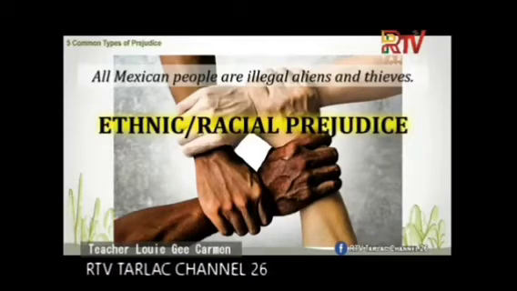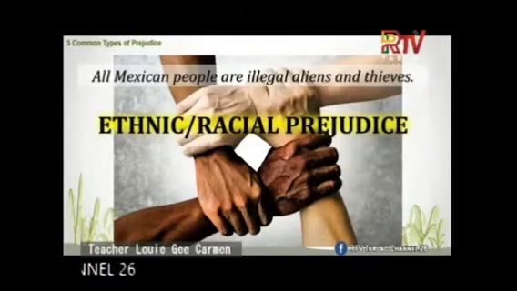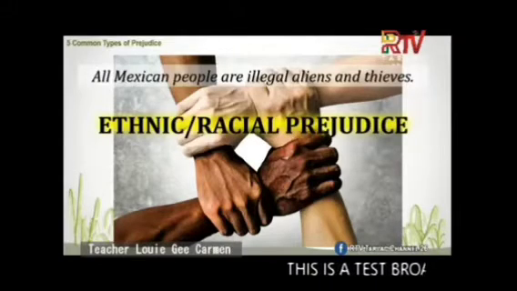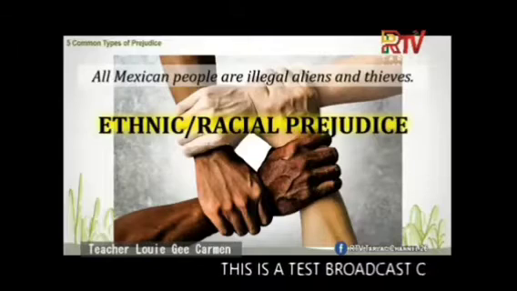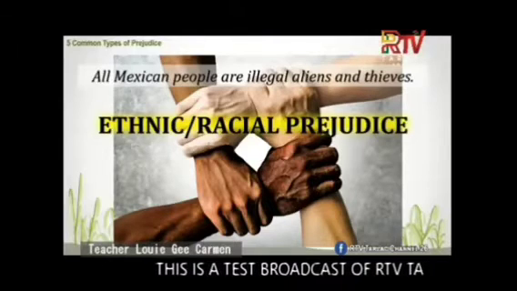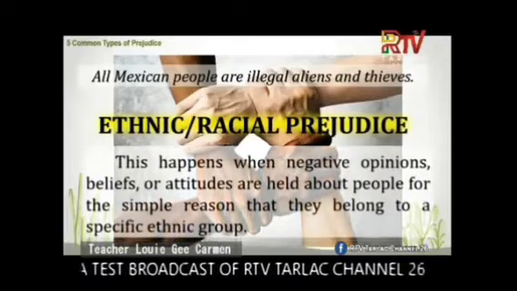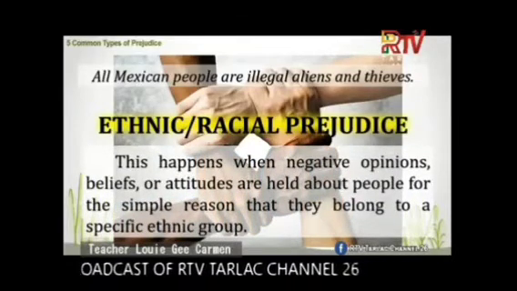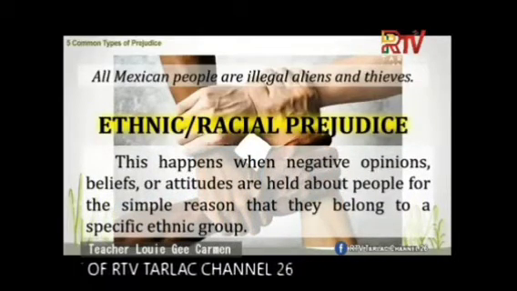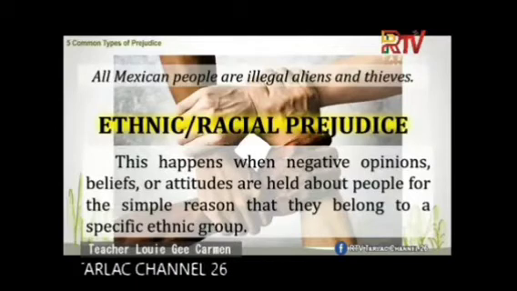And the Mexican people are an ethnic group from Mexico, a country in the south portion of North America. And the type of prejudice that is being shown in this statement is called ethnic or racial prejudice. This happens when negative opinions, beliefs, or attitude are held about people for the simple reason that they belong to a specific ethnic group.